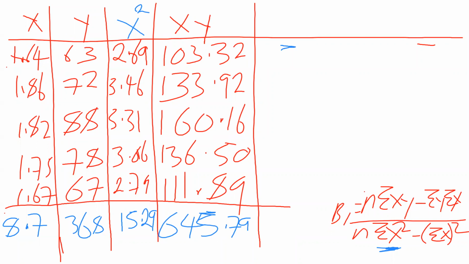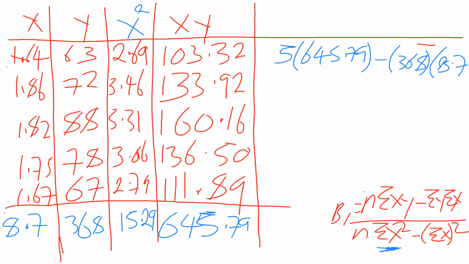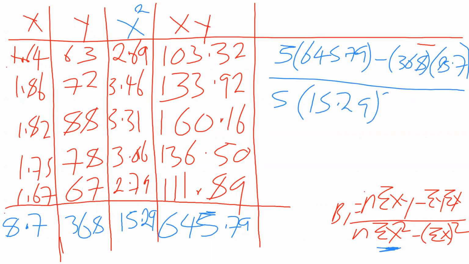We said our n is 5. So 5 times the xy, which is 645.79, minus the summation of y, which you said is 368, multiplied by the summation of x, which is 8.7, all over 5 times the summation of x squared, which is 15.29, minus the summation of x, which is 8.7, squared. Let's find the beta 1.